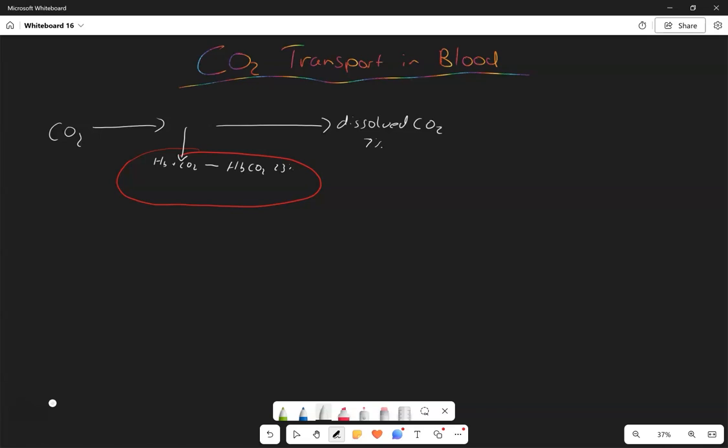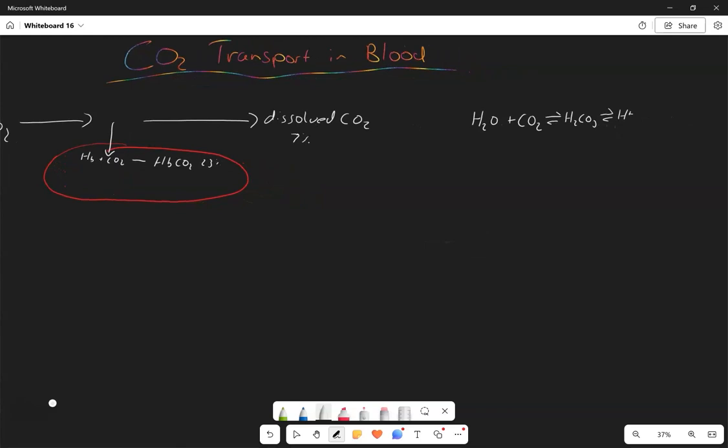We have to remember a little bit of chemistry. Inside of our red blood cells, we have water. And if we take water and we combine it with carbon dioxide, right, we are going to get sort of an equilibrium equation with that forming carbonic acid, H2CO3, and then carbonic anhydrase can convert that into a proton plus bicarbonate, HCO3 minus.